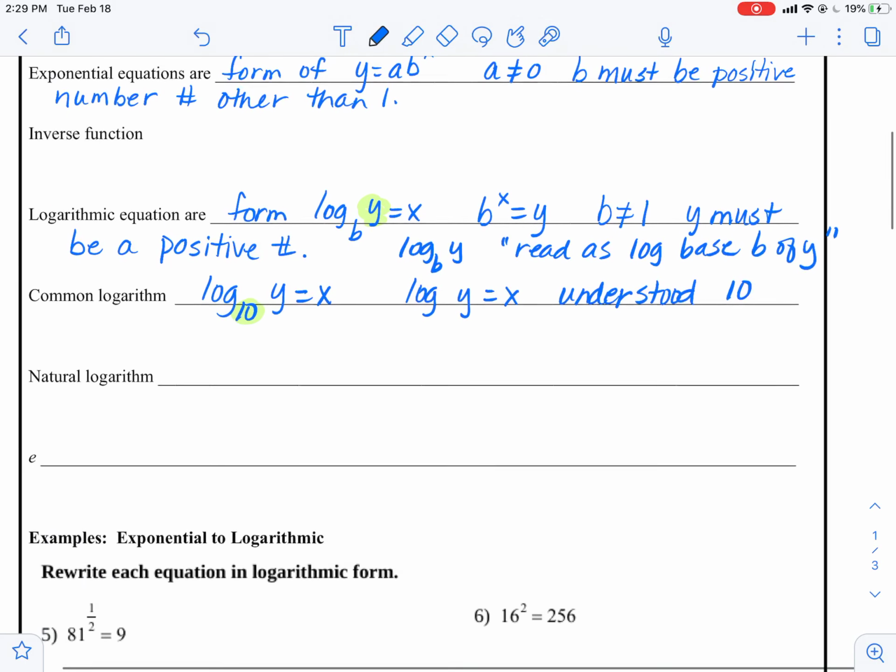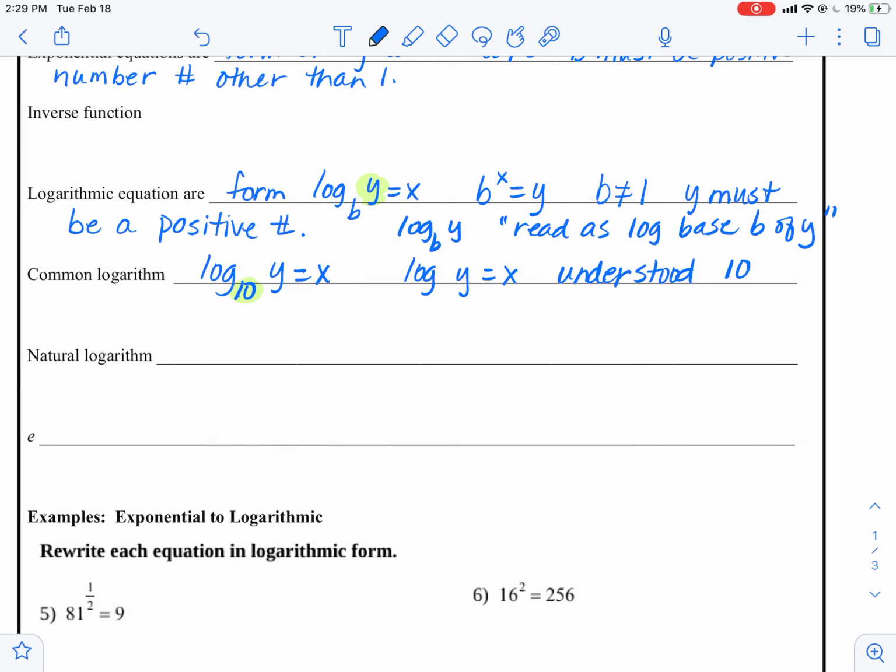Before we talk about the natural log, I want to talk about the letter e. The letter e is very similar to the letter pi in the fact that it is a specific number, and it just keeps going. Well, e is the same way, but it has a name. It's called Euler's number.